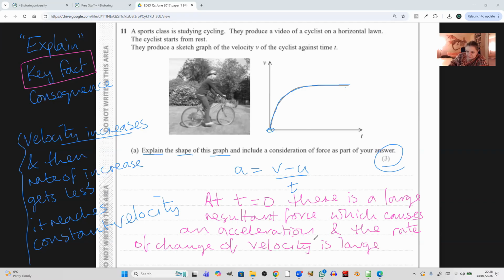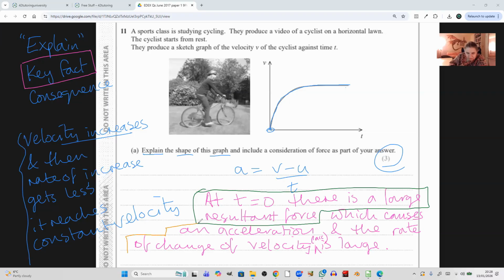Right, you could say acceleration if you want in there. It's large. Right, now, can you see what I've just done? I have written that bit in green, it is a key fact. And the rest of the pink is a consequence, isn't it?